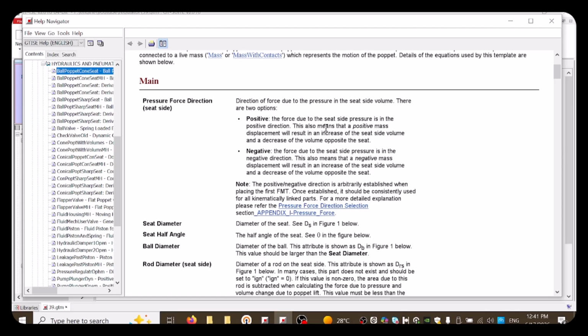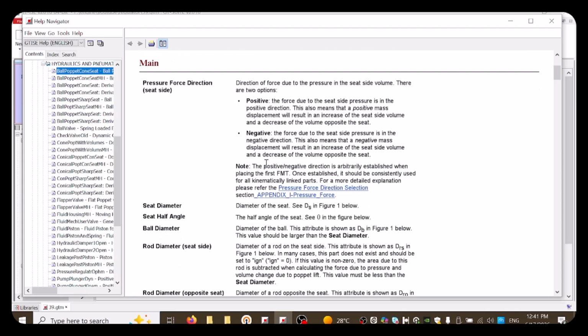Positive: the force due to the seat side pressure is in the positive direction. This also means that a positive mass displacement will result in an increase of the seat side volume and a decrease of the volume opposite the seat. And negative: the force due to the seat side pressure is in the negative direction.